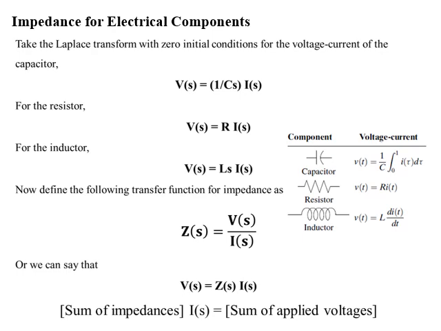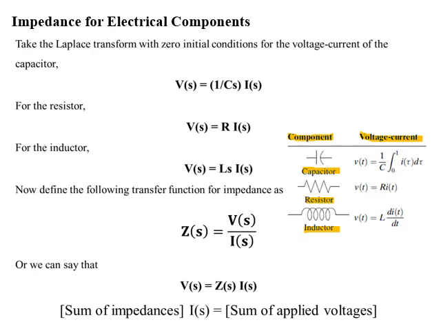Next topic is impedance for electrical components. If we look at a portion of the table studied in the previous lecture, which gave us the voltage current relation for capacitor, resistor, and inductor.